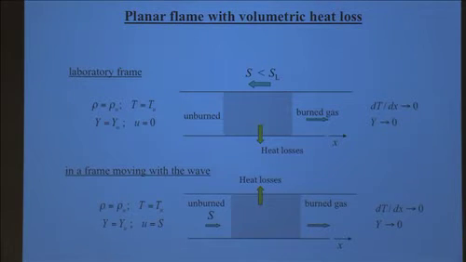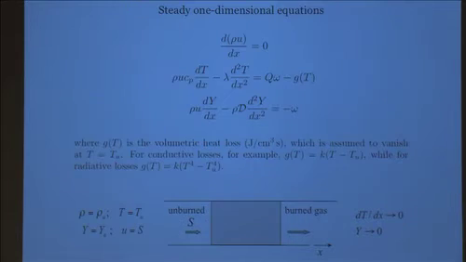The boundary conditions are clear, very similar to the previous problem that we have examined, which is summarized here. So we have here continuity, the energy equation, and the term here that describes heat loss. And the heat loss is a function of temperature.